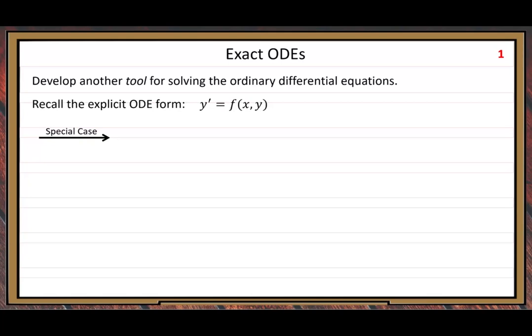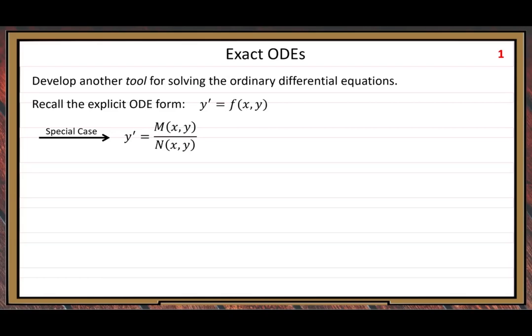So far at this point, we consider the decay model. That's a special case, right? After that, we consider separable ODEs, also special case, right? After that, extended separable ODEs. So all special cases. And here, we need to consider another type of special case.